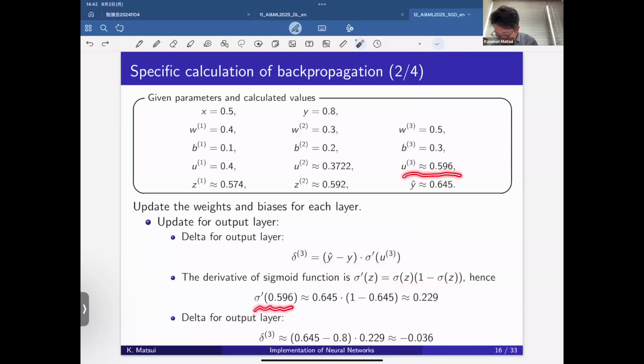Sigma prime of 0.596 is about 0.229. So delta 3 is y hat, 0.645, minus y, 0.8, times sigma prime of u3, 0.229. So delta 3 is about minus 0.036.